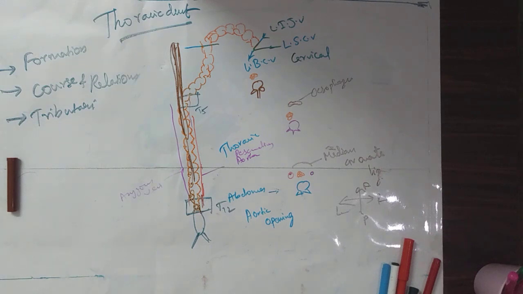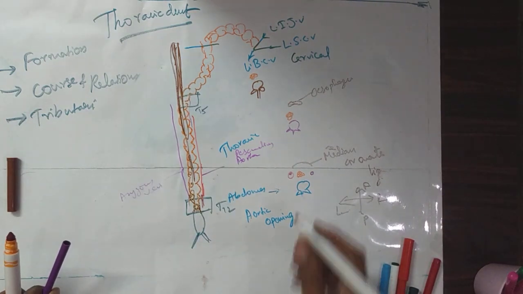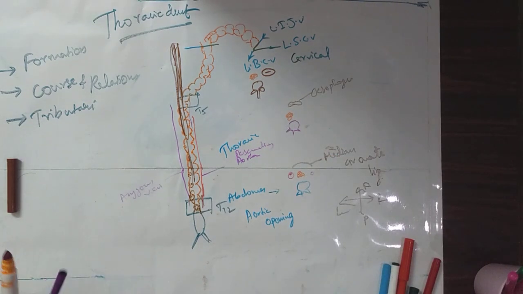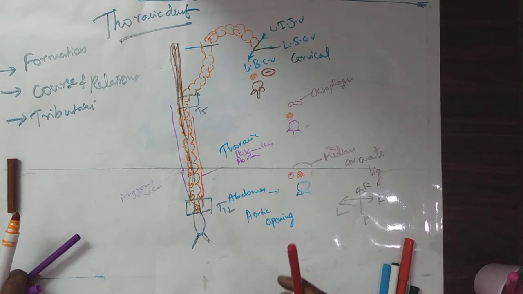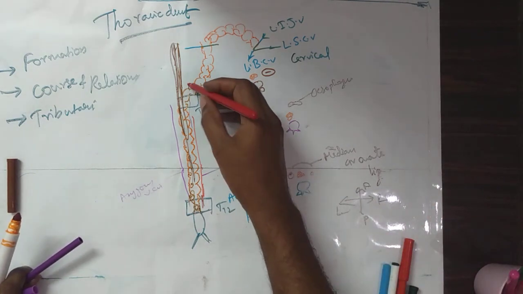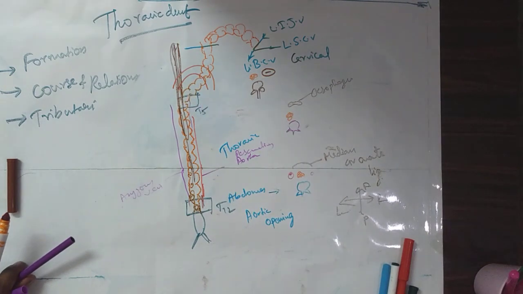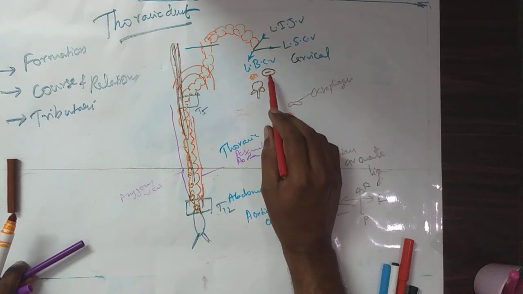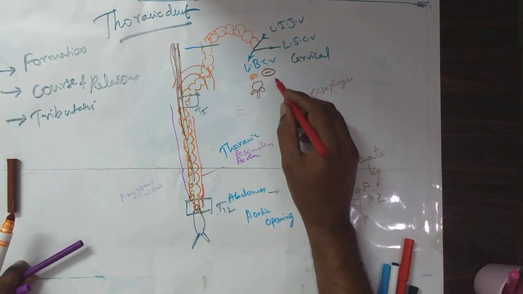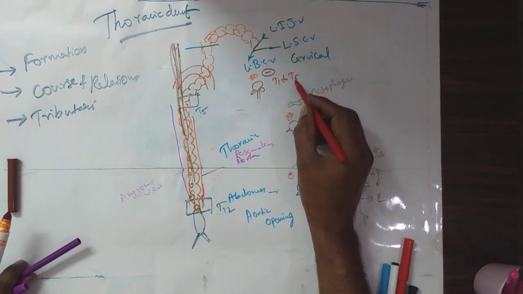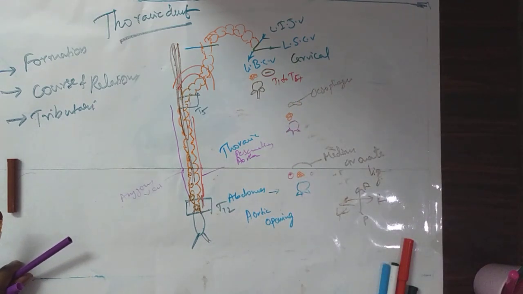On the right, what did you find on the right side? It's having the esophagus, anteriorly it's having the arch of aorta. So posteriorly what is it having? Vertebrae from T1 to T5, or you can say T1 to T4, the first 4 thoracic vertebrae.